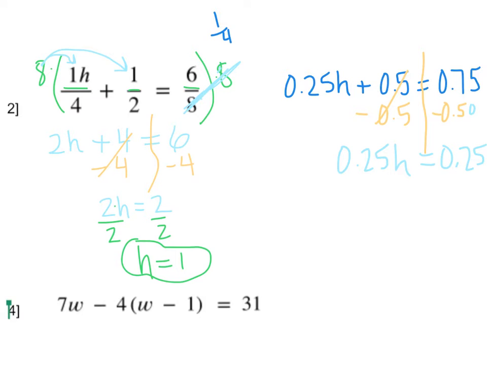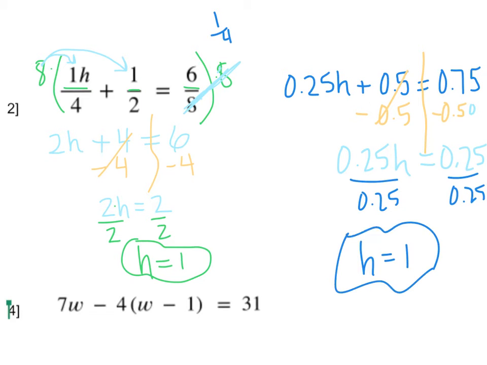Our final step would be to divide by 0.25 on both sides. And see, we get the same answer. H equals 1. So whether you want to attack this problem by clearing fractions and handling the fractions, or convert them to decimals, you'll get the same answer.